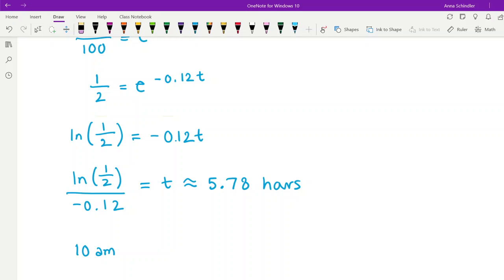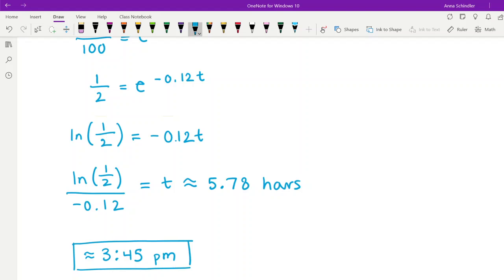And so 5 hours past 10 a.m. would give us 3 p.m. And then 0.78 hours, let's just round, it's going to be about 3:45, right? Because 0.78 is pretty close to 0.75, and that's 3/4 of an hour. So at somewhere around 3:45 to 3:50 p.m. is when you're going to be at 50% of the amount of caffeine that you were at the beginning.